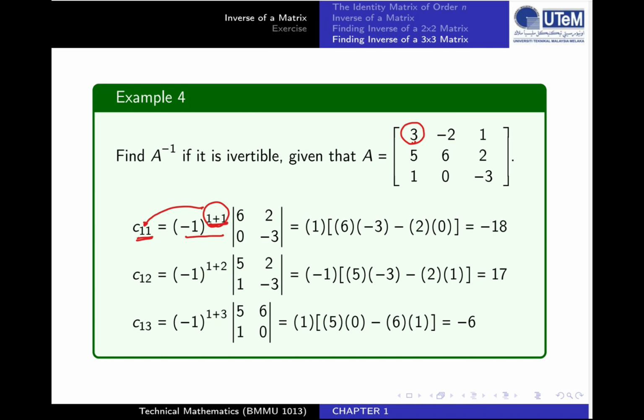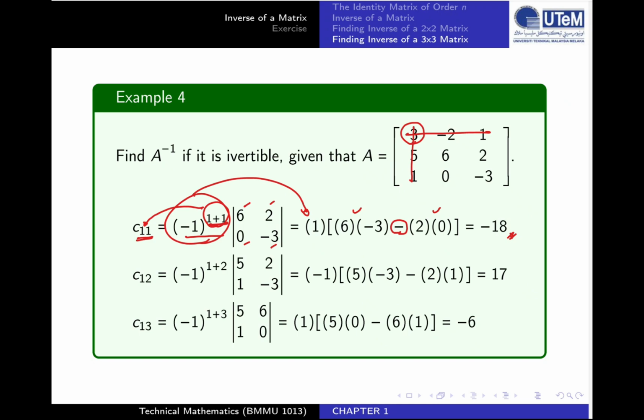Then we reduce the first row and first column, so the rest is 6, 2, 0, negative 3. Negative 1 to the power of 2 gives positive 1. So 6 times negative 3 minus 2 times 0, we can get negative 18.